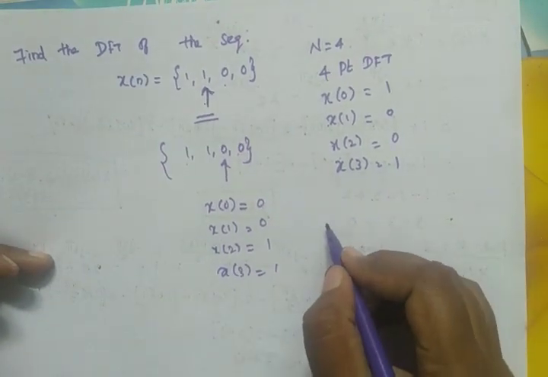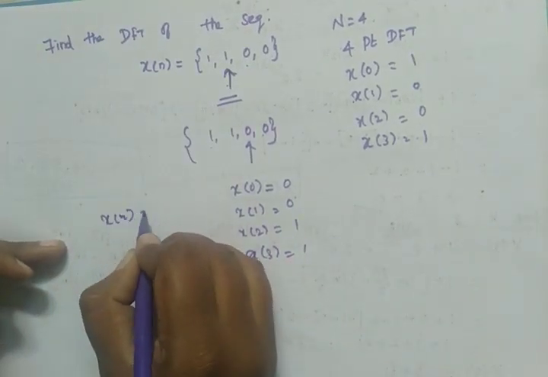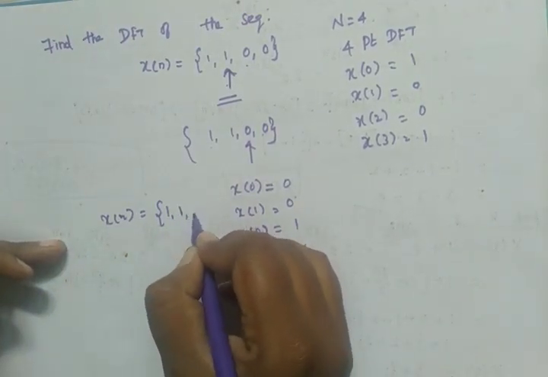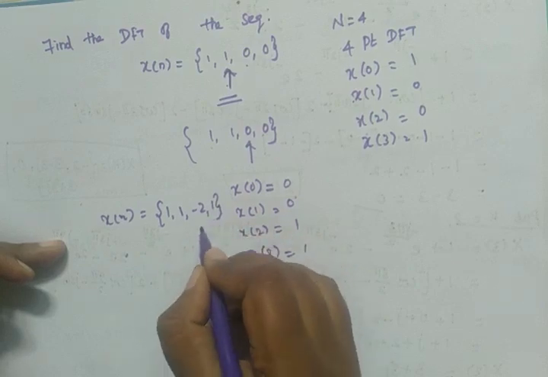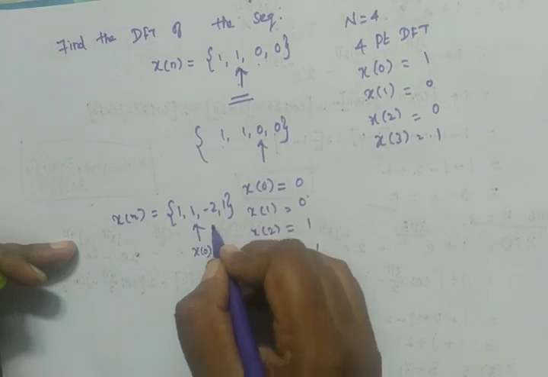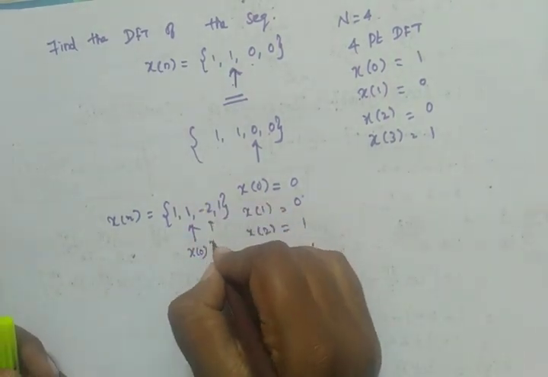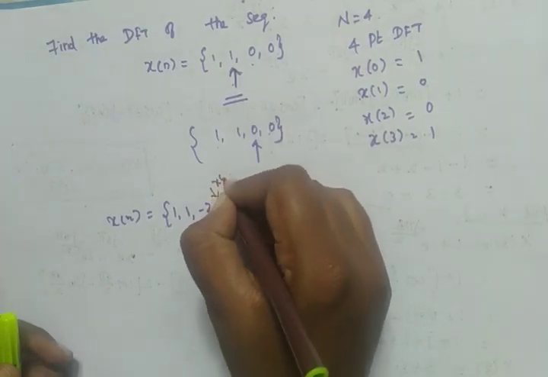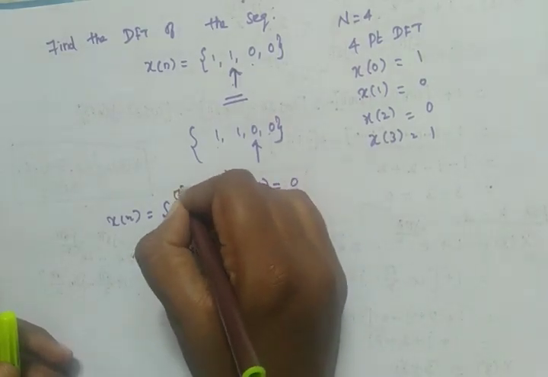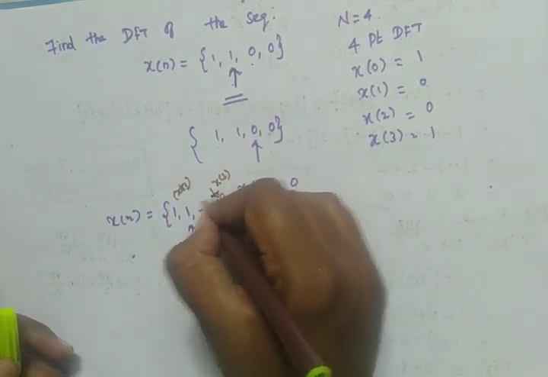For example, if we have a sequence like this, x of n is equal to 1, 1, minus 2, 1, and you have an origin here. Now what we have to do, this is x of 0, take this as x of 1, take this as x of 2, and take this as x of 3.